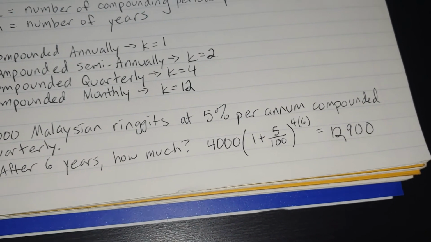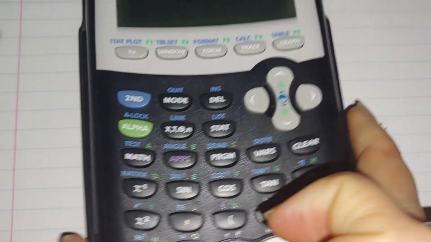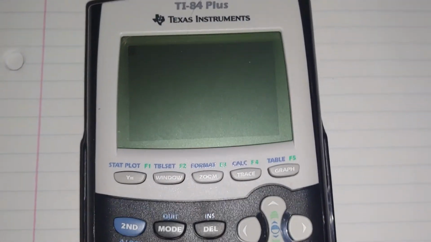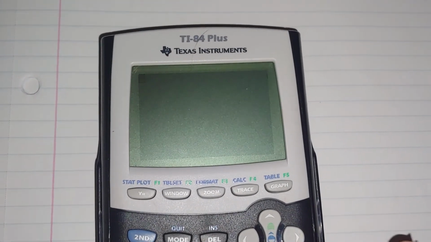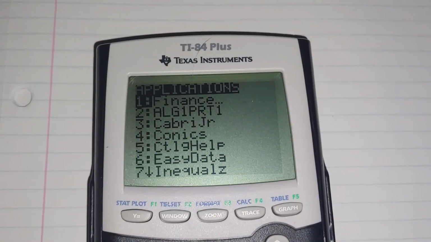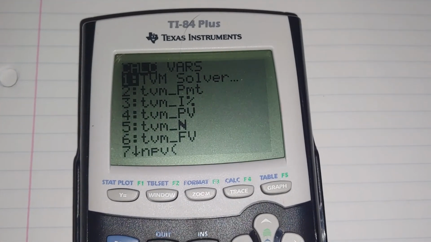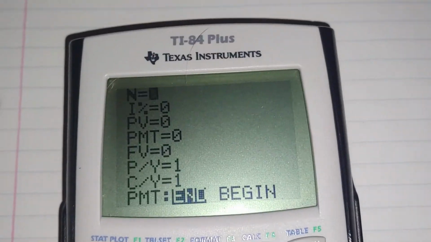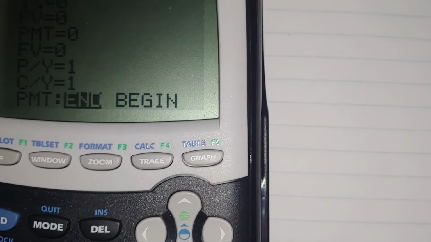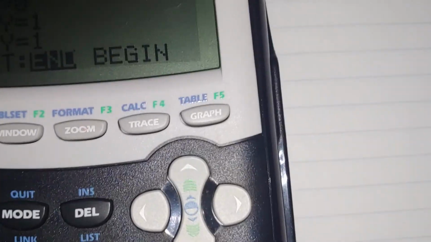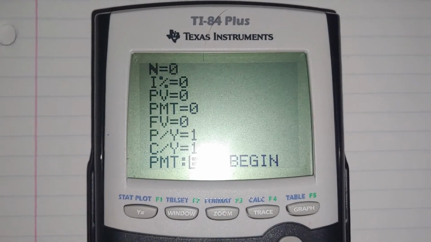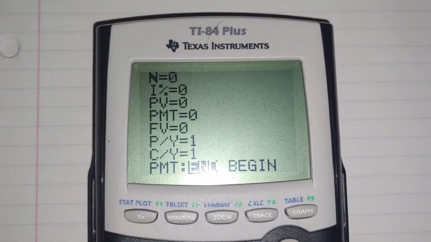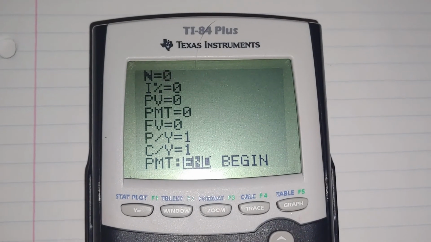Now, there's a way to do this in your calculator. All right? We can go into apps, and I believe all of you have the finance app, and we want to go into TVM Solver. All right? So here, N is the number of payment periods.